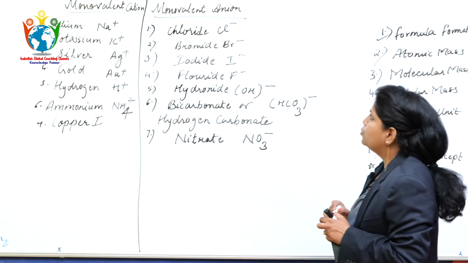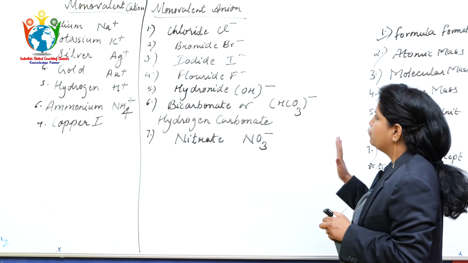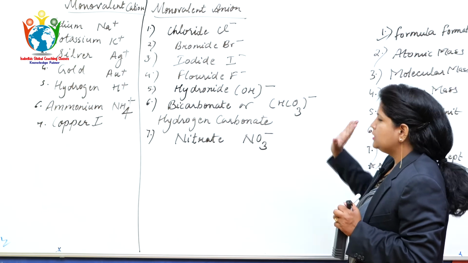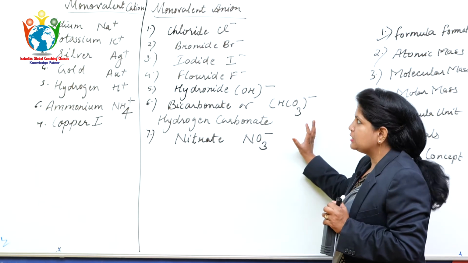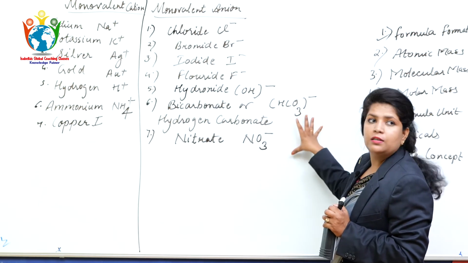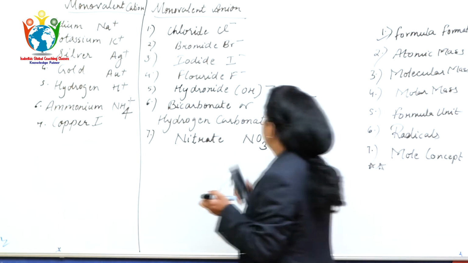This is about monovalent cations and monovalent anions. Now I will rub this out. See, if I am writing something, it has a meaning, so please have patience. After a few minutes you will understand why I am writing this.